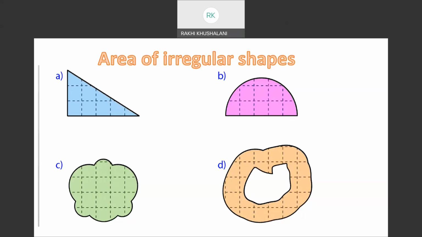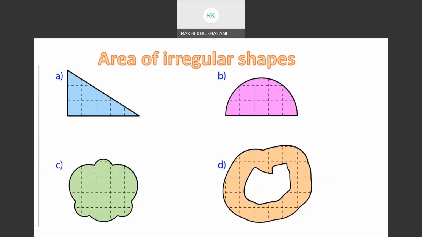If it's a proper shape, then we can just multiply side into side to get the area. All these things must be clear by now, because otherwise we are doing the exercises during the live session.